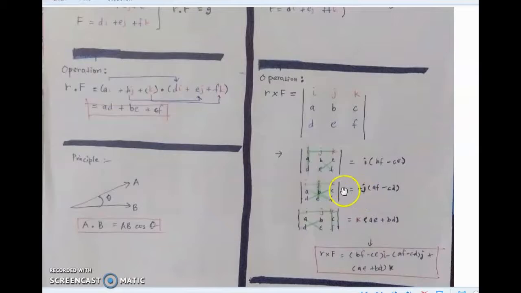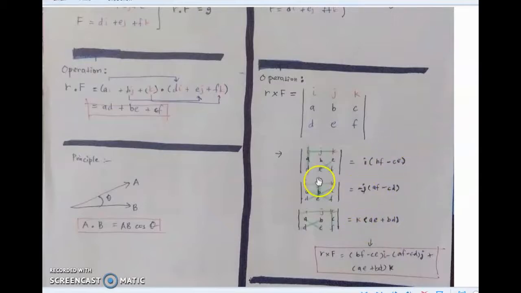And then for the j component, the formula you need to remember, there is a negative here for j. For i and k it is positive. If you want the theoretical explanation, you can read on your own how they get this formula.